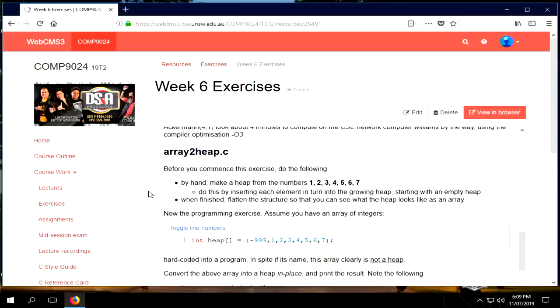The third question will be an array to heap. So it's basically what I've talked about when I talked about heaps last week or last Monday, which I'm going to talk about tonight again. So that's about converting something into a heap, and in particular I said, and this is the normal way I do my work, this is how I do my programming. I forget about standard in, I forget about command lines, and I hard code a test case in, and I try and get the program working.